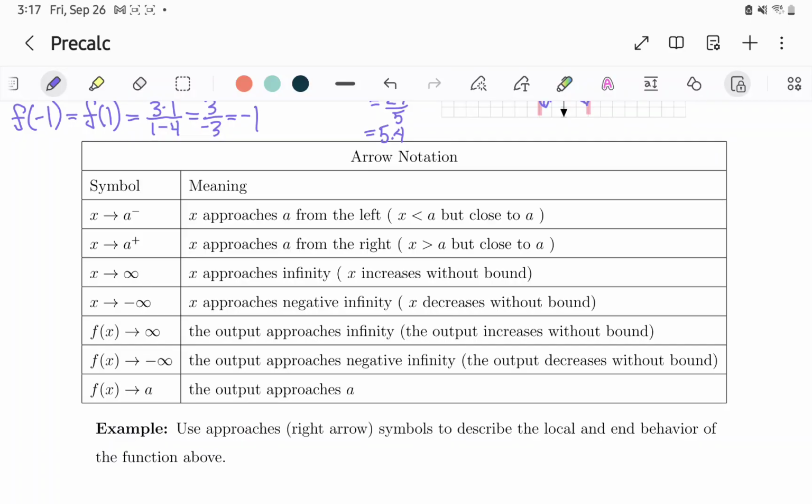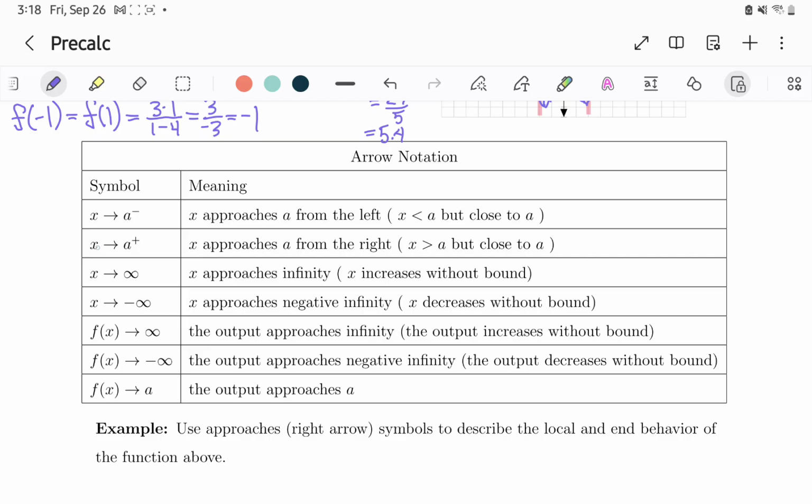So when we are talking about limits, we will often write things like, if we have x arrow to a with a minus in the exponent, this just means that x approaches a from the left. So x is less than a, but close to a.